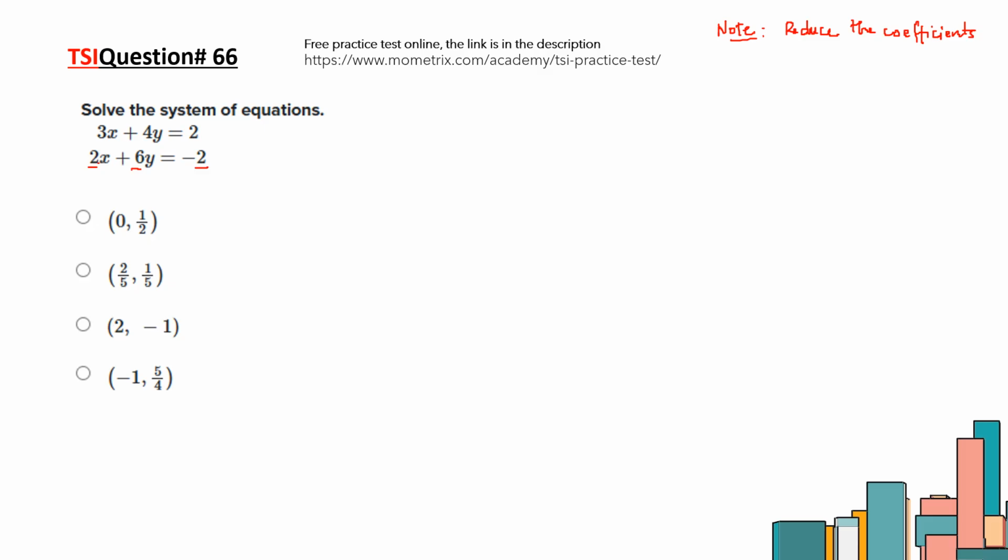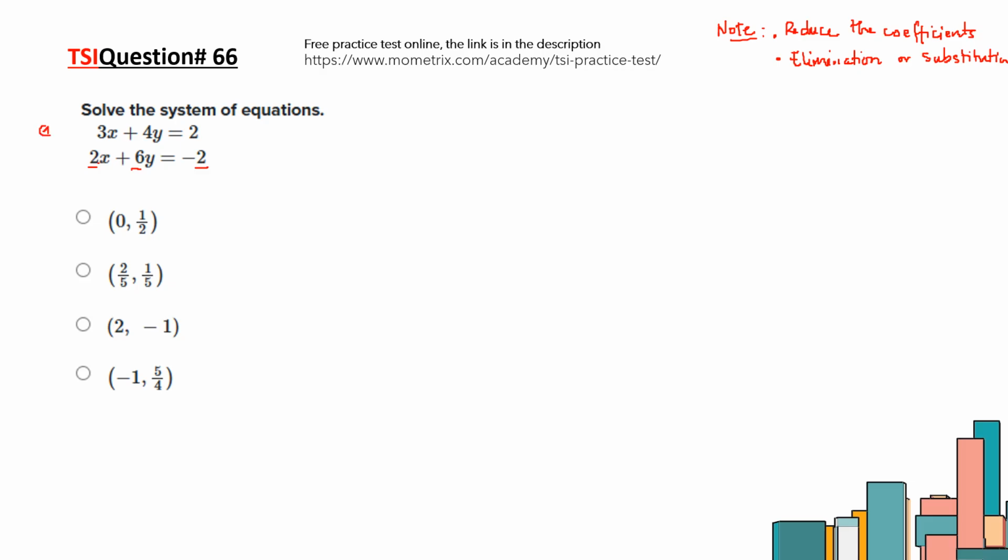Then we will choose to use the method of elimination or substitution. Okay, in this case, I think I will use elimination by multiplying the second equation.